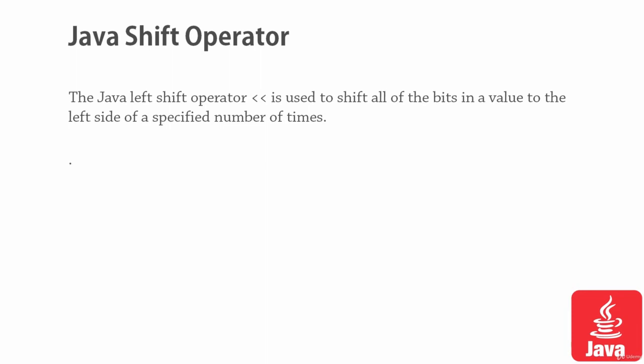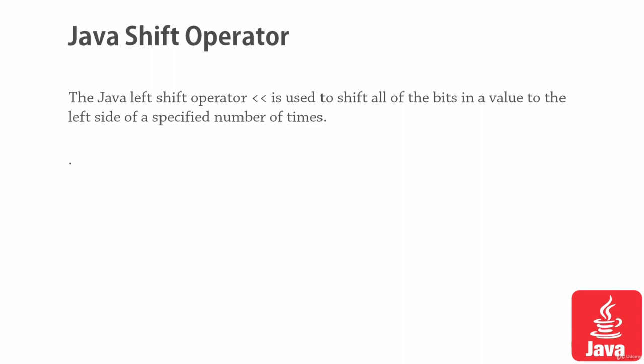Similarly, there is a shift operator, the Java shift operator, the left shift or right shift, that is used to shift all of the bits in a value to the left side a specified number of times. You might be working on binary data, with values like 0, 1, 1, 0, 1, 0.